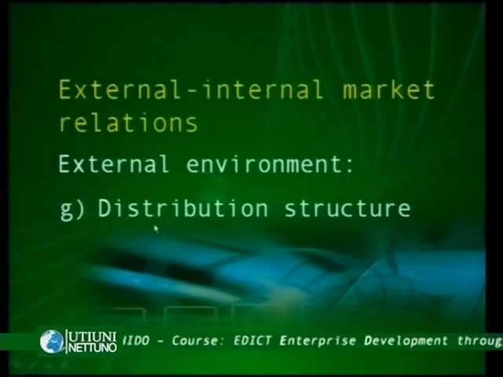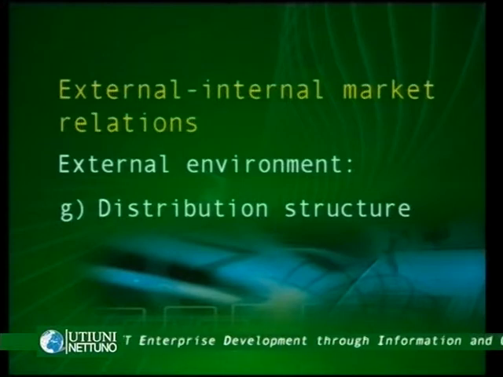So distribution makes the products and services accessible by a specific market. If the distribution channels are not consistent with the product's and the service's exigencies, they might constrain the market development by foreign enterprises.